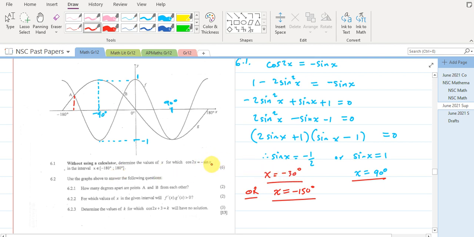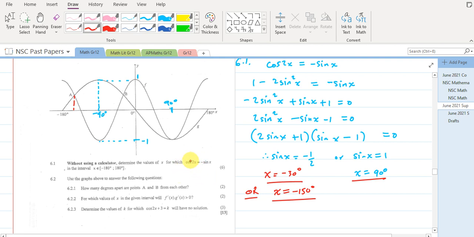So negative sine of minus 30 will give us sine 30, which is half, and 2 times 30 is 60, that's also half. What about here? Cos of negative 300, so that's just cos of 300, which is in the fourth quadrant, cos 60, so we're getting half here.